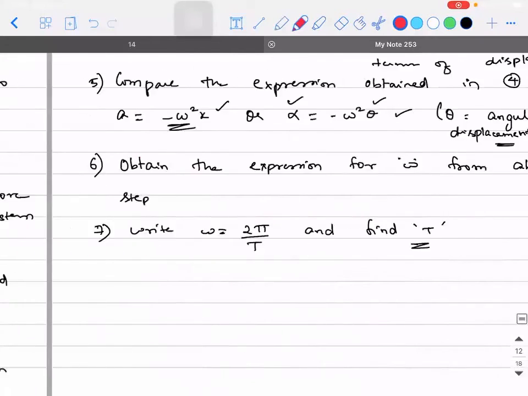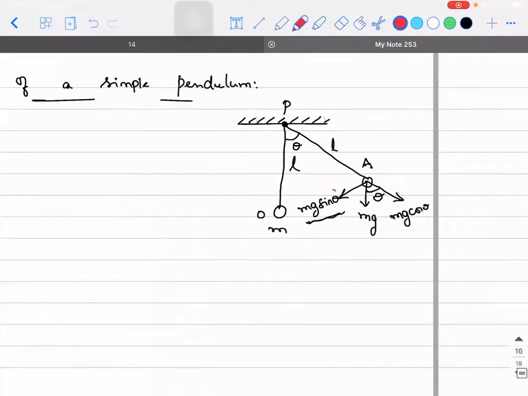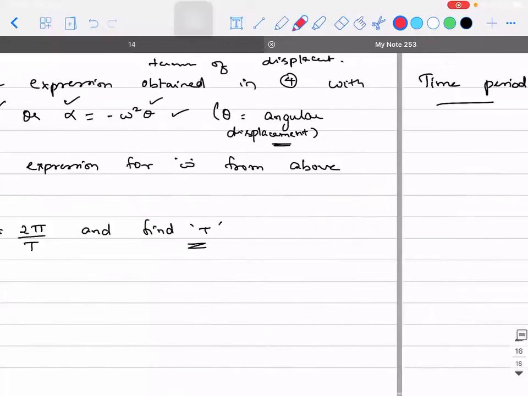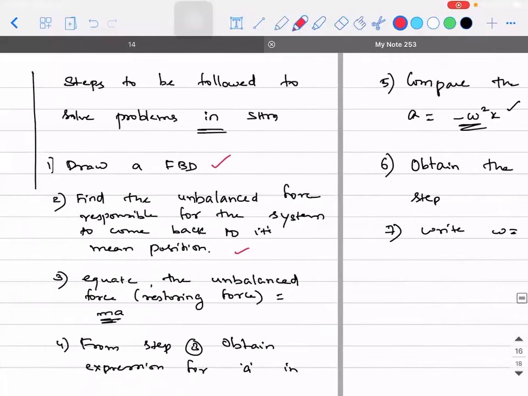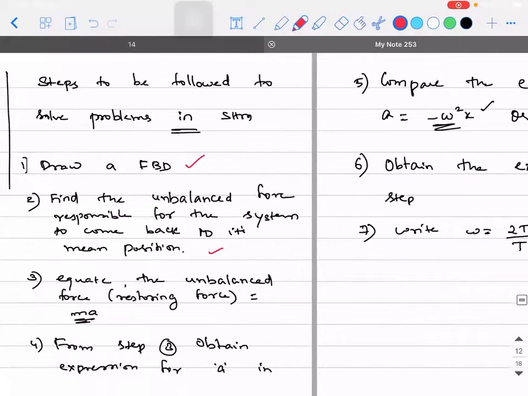Practically, in which direction is the bob going to come? Towards its mean position, from A to O. Which force is going to pull the object from A to O? Obviously, it is mg sin theta. So that is the unbalanced force. Restoring force is the unbalanced force. That's what I wrote here, no?